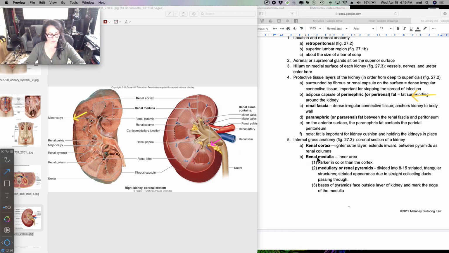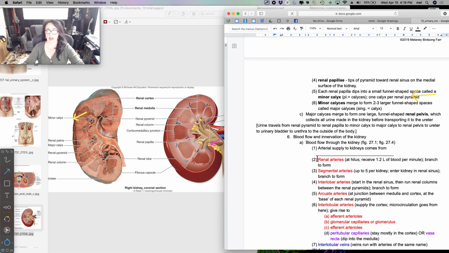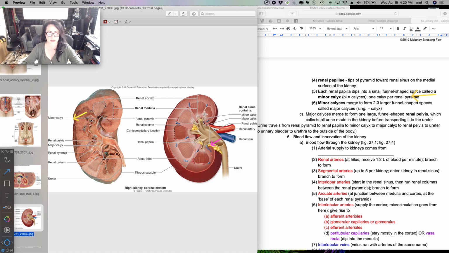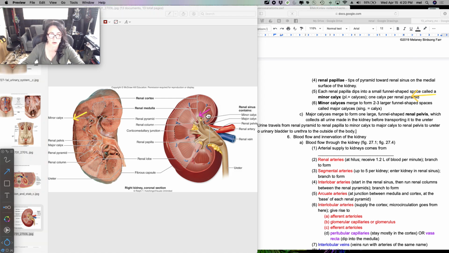The tip of each of the pyramids, and people have trouble understanding this, basically goes down and forms a little tip right there. And the tip is surrounded by this little cup. Well, the tip itself is called the renal papilla, and papilla means nipple. So you got your kidney nipples, you got your heart nipples, you got your nipples everywhere.